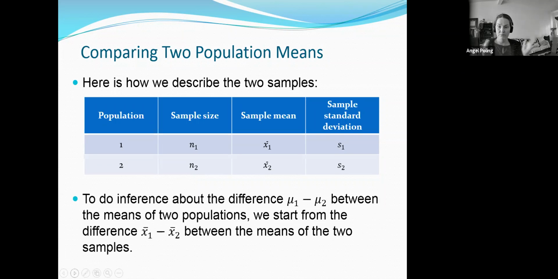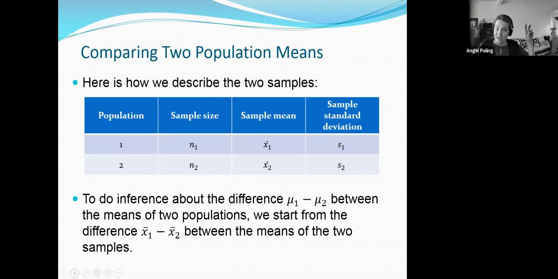So to do, oh, sorry, I get so excited. To do inference about the difference mu1 subtract mu2 between the means of two populations, we start from the difference between the means of the two samples, which is x bar sub 1 subtract x bar sub 2.